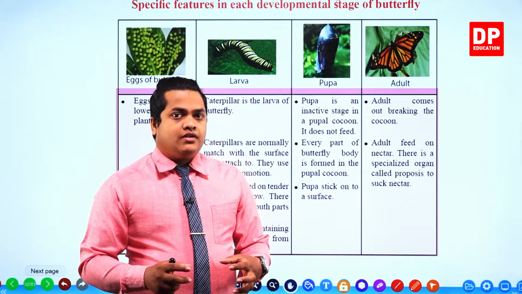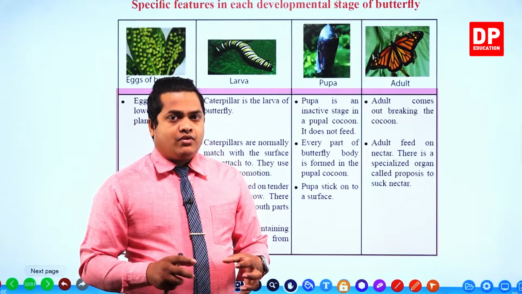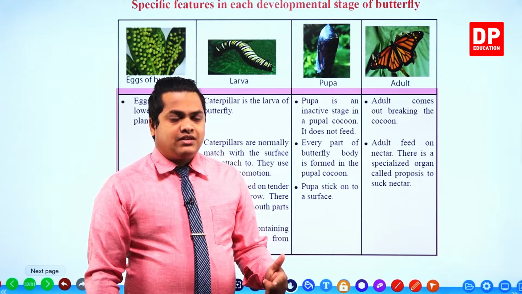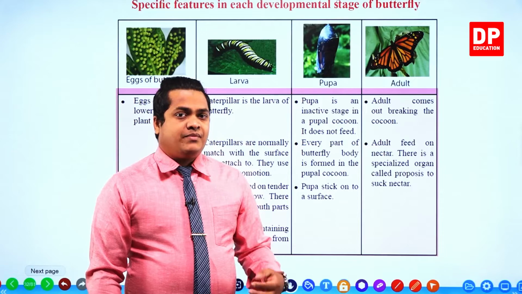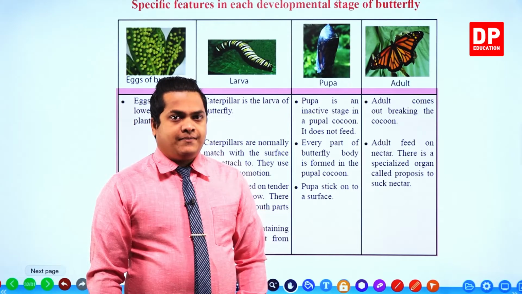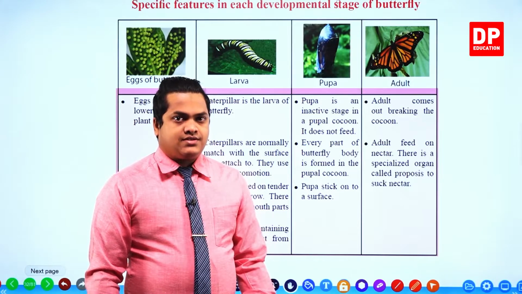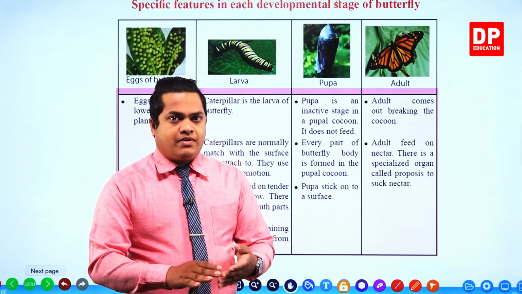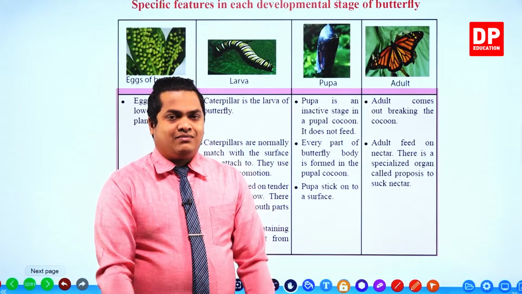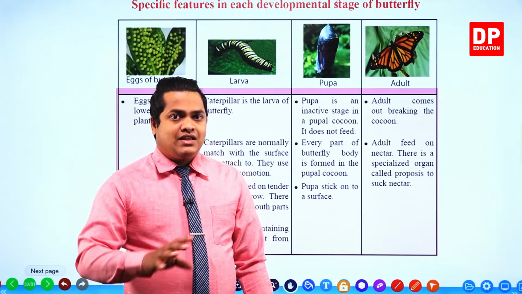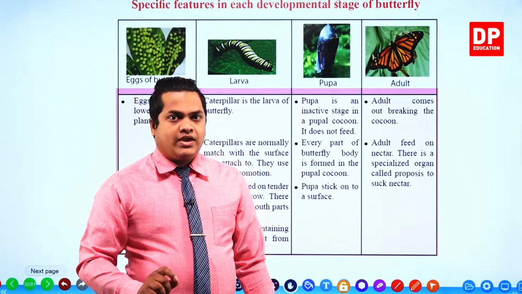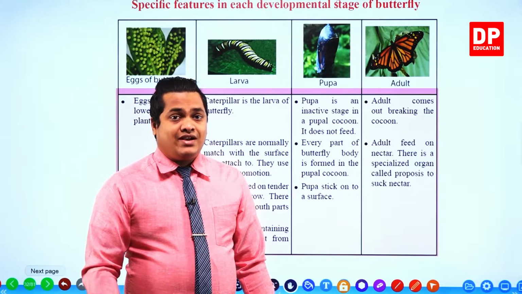If a certain animal or organism comes in contact with those hairs, then there might be complications within their body. Even for us, if you touch a caterpillar, not with your palm, but with your skin, other places, then definitely that place will swell. Okay, and it will become red in color.